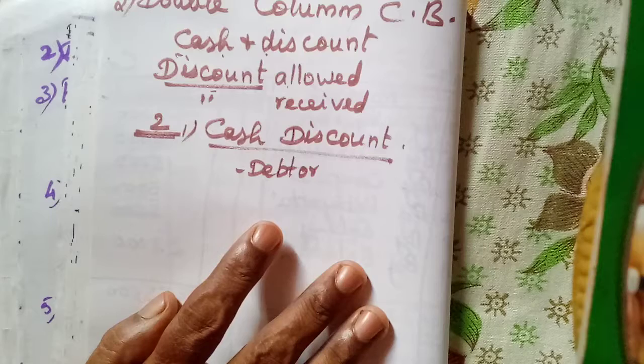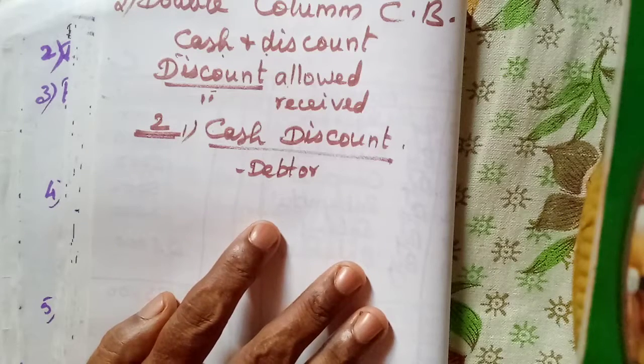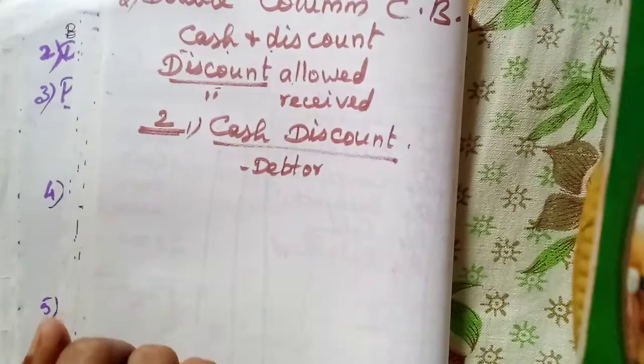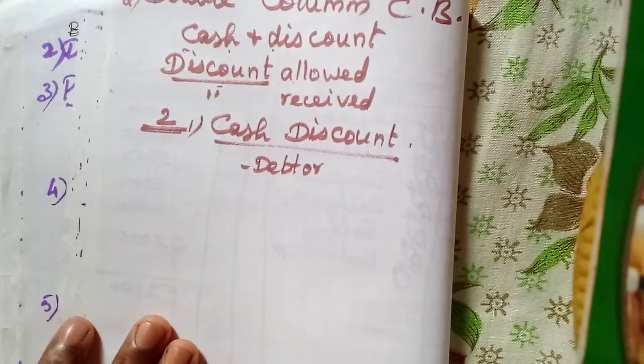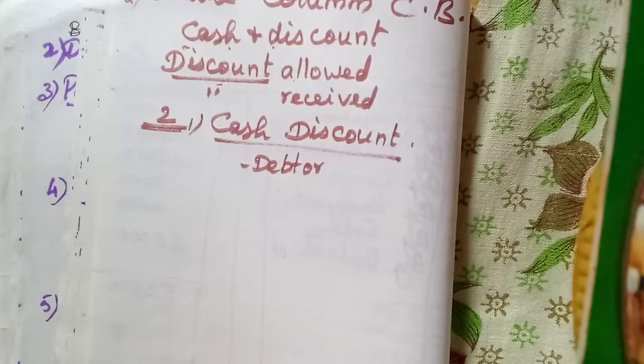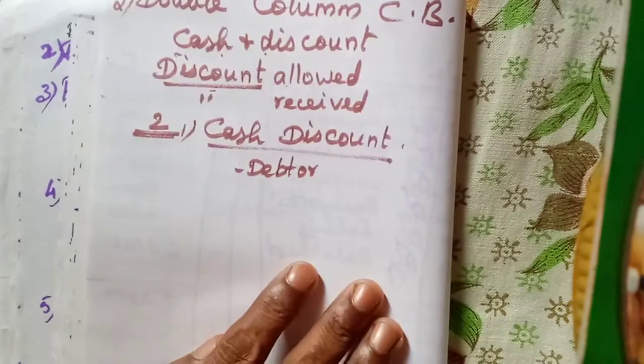If the term of payment, or the number of months that they have to make the payment, is more, then the percentage will be less. But if the number of months within the time limit they have to pay is less, the percentage of the discount will be more. So in order to encourage the buyer or the debtor, the seller or the creditor gives a reduction in the total payment. That is called cash discount.